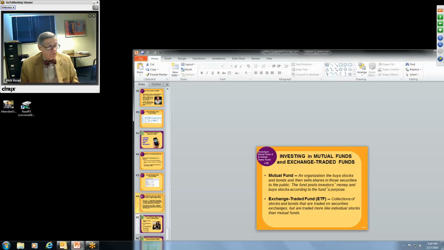Electronic traded funds, I don't know this topic real well. I'm not into this, but they're securities, stocks and bonds traded on exchanges, obviously, but traded like individual stocks as opposed to mutual funds. So there's a difference there.